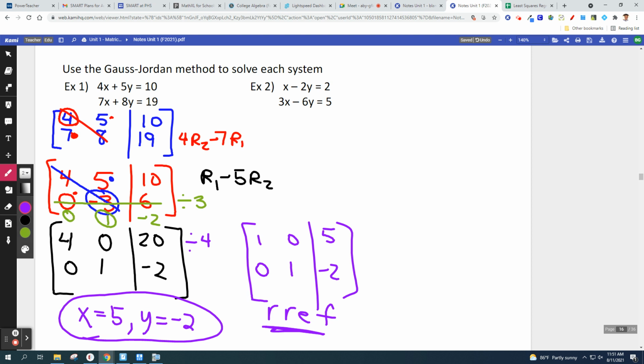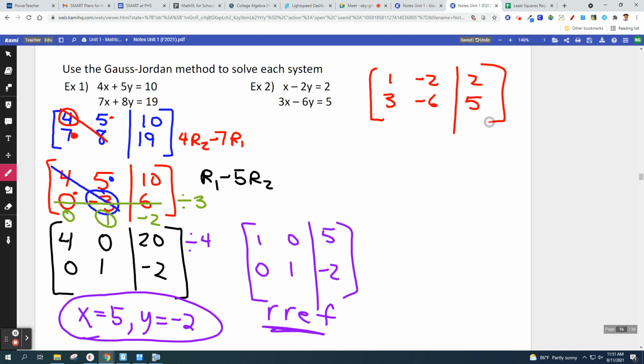So number 2 is more of the same. Start with the augmented matrix: 1, -2, bar 2, 3, -6, bar 5. You always do it the same way. We want numbers along that diagonal.